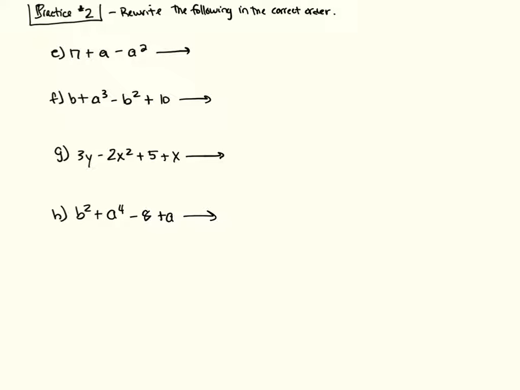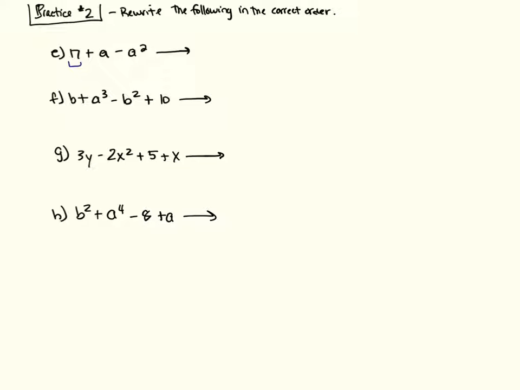This section of our notes is to get used to the proper way of writing an algebraic expression, making sure that they're in the appropriate order. So let's do the first one together. We have 17 plus a minus a squared. So of course the constant has to go at the end. And then you have 2 of the same letter. So then you look at its powers, and the bigger power goes first.